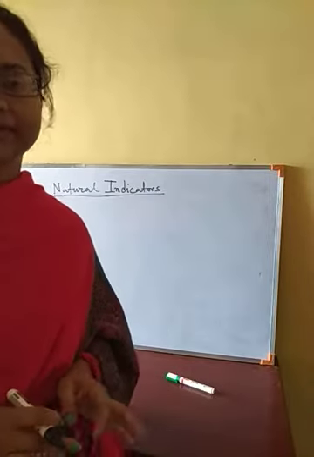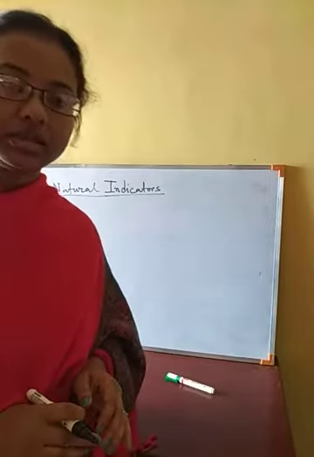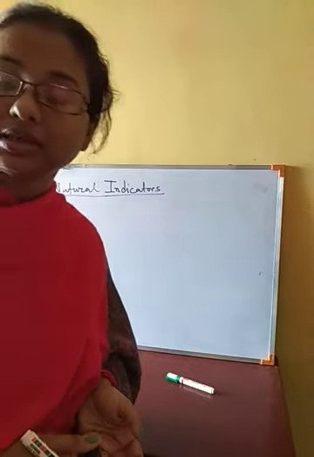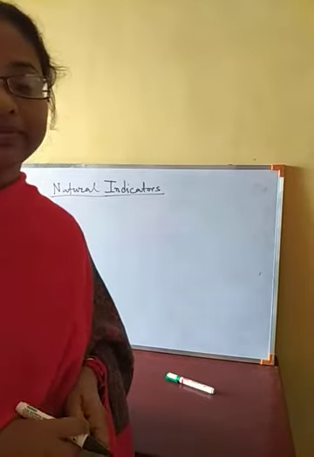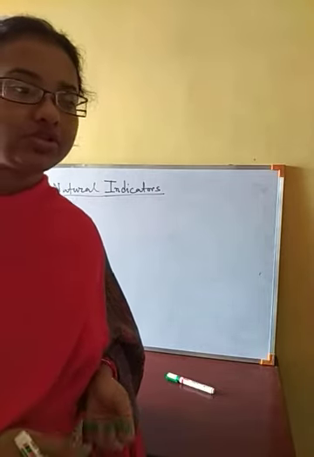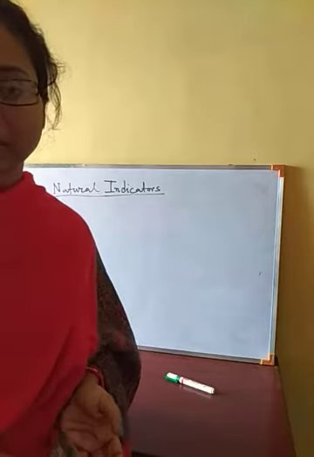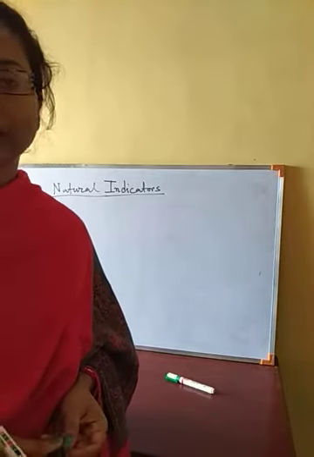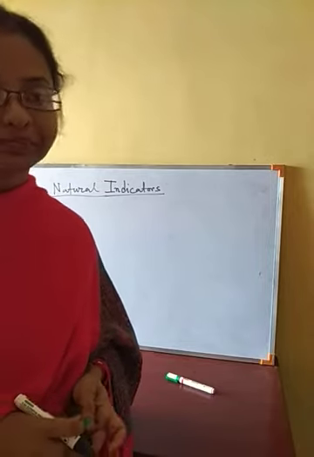So any five such indicators you find, you can take any of these which will show different colors in acid and basic medium, and you can choose. That is up to you which five indicators you are taking for this project. You can choose your own indicator.